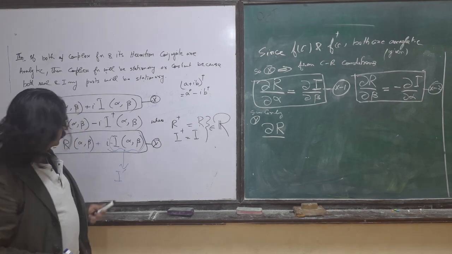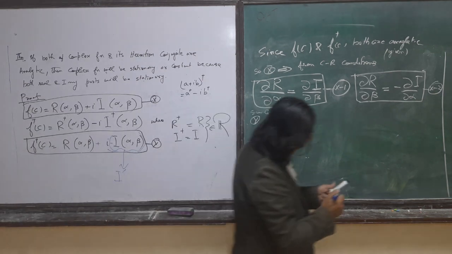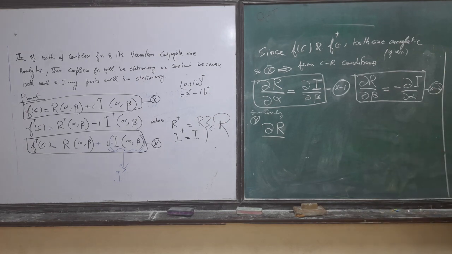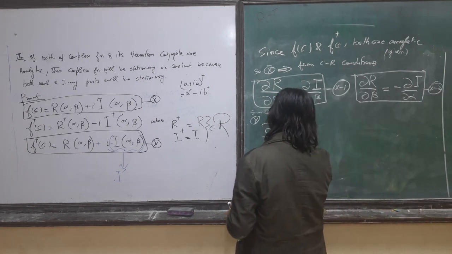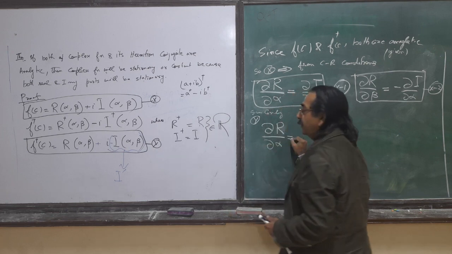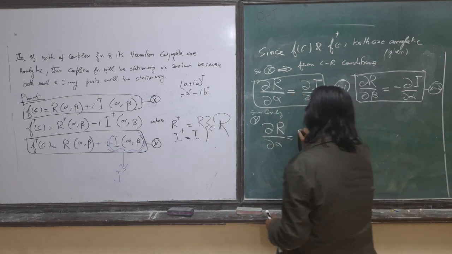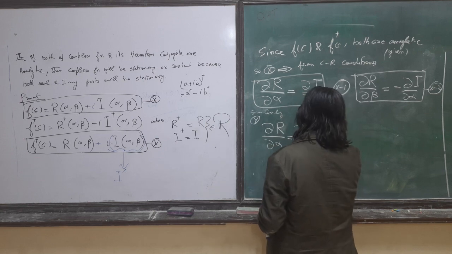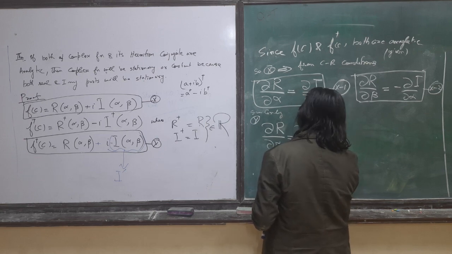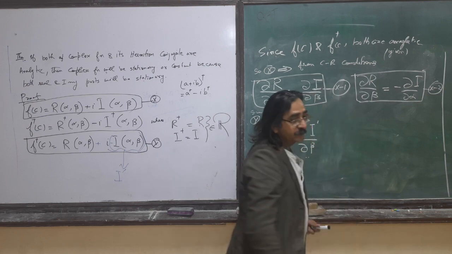According to this formula, partial R over partial alpha will be equal to partial I prime over partial beta.